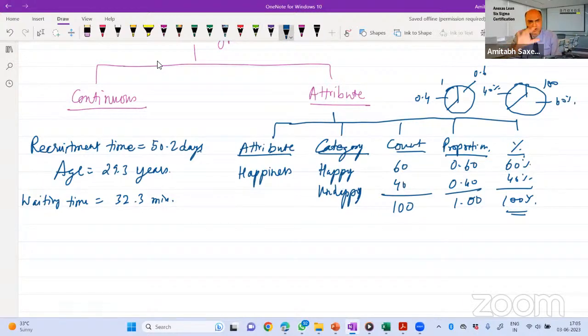Similarly, think of whatever you gave: loyal, not loyal. Now, these are perception based. Of course, we have to understand that they are not very objective measures, but at least they serve the purpose.